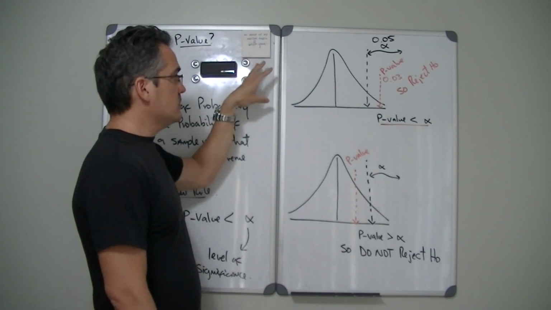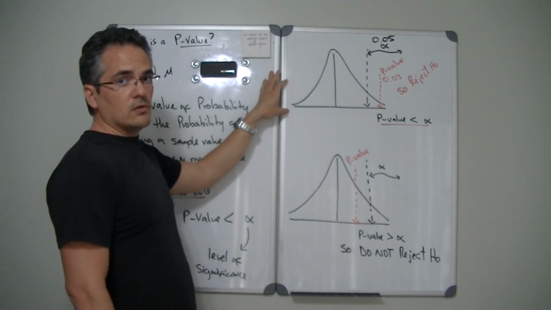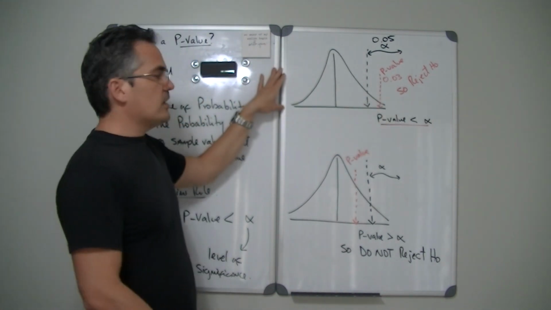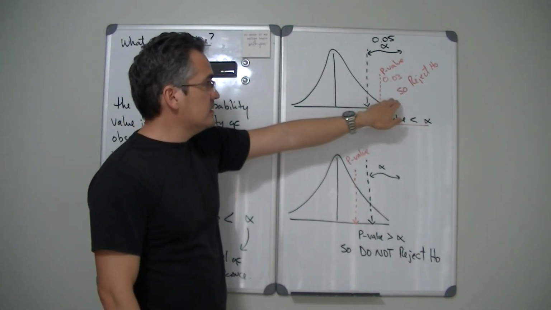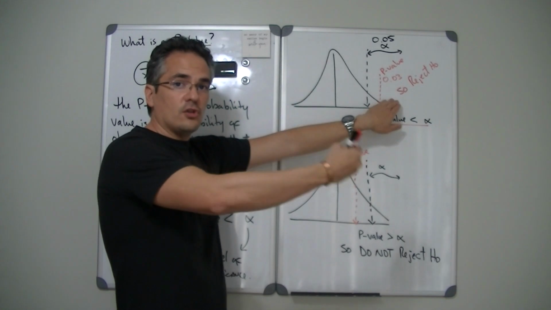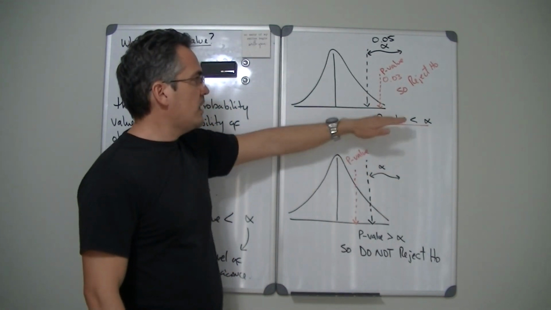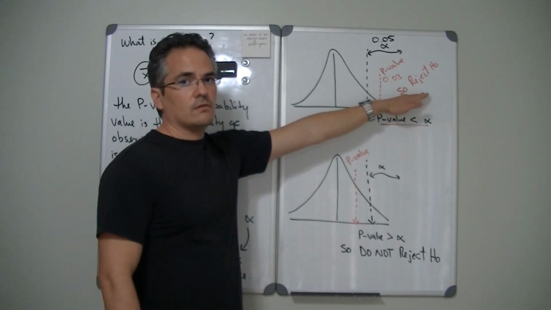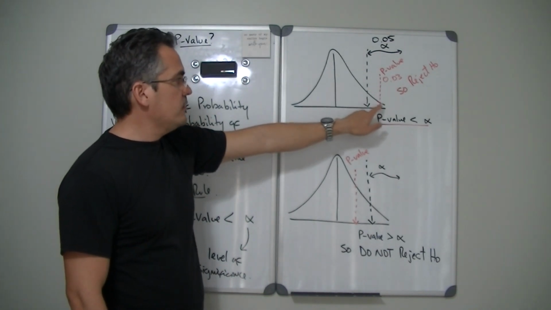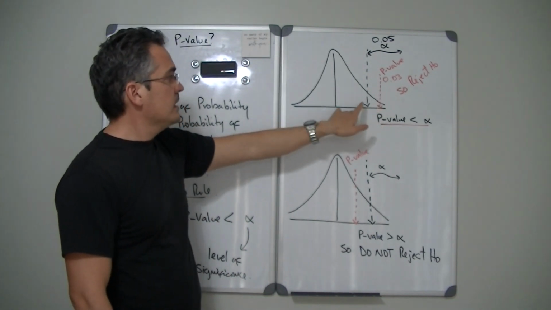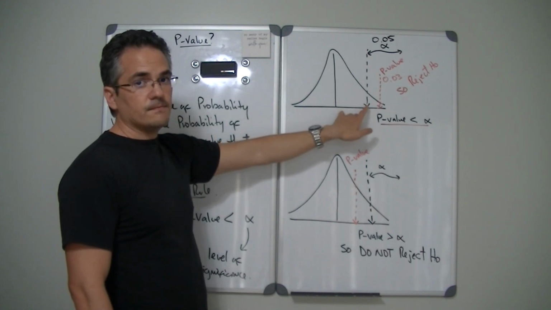So if it's on the low side, you can say fairly conclusively that there has been a change on the low side. And if you see something like this on the high side, that there has been a change on the high side. All right? That's why you can reject H0, because the probability value of your sample is more extreme than the alpha that you have selected.